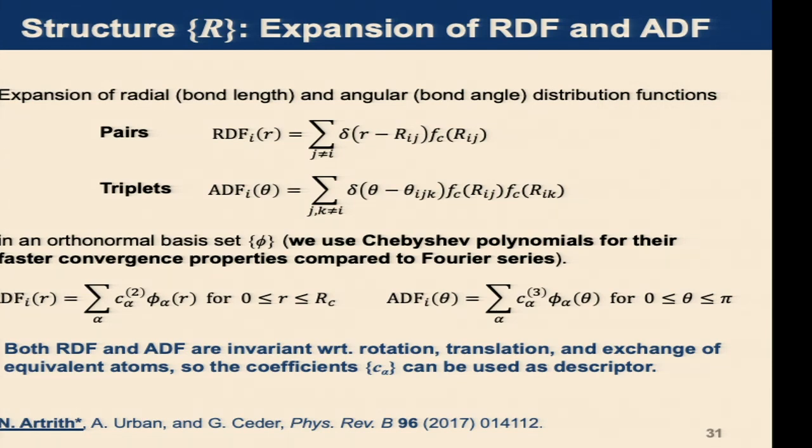But how we make it different is that we find a way to use an autonomous basis set. For example, here we use the Chebyshev polynomial for faster convergence. Actually, we could also use the Fourier transform, which is also fine.